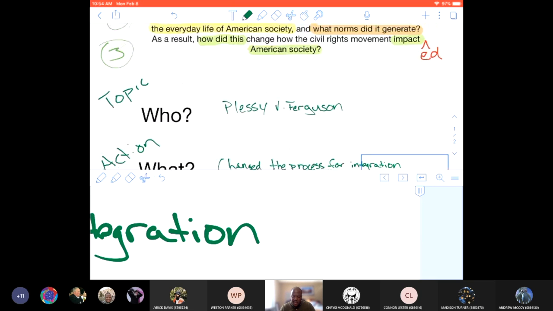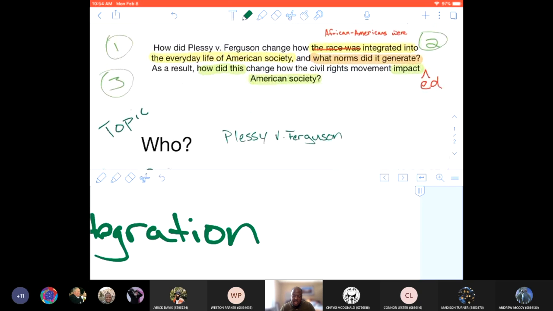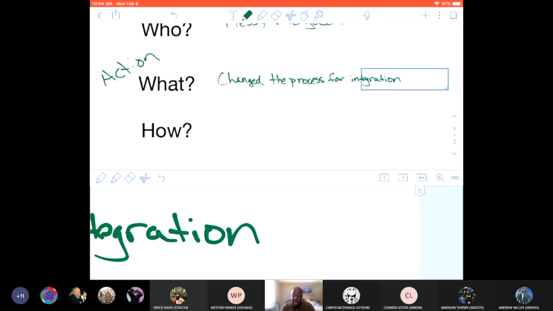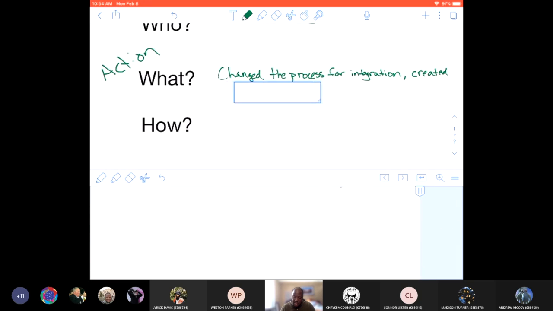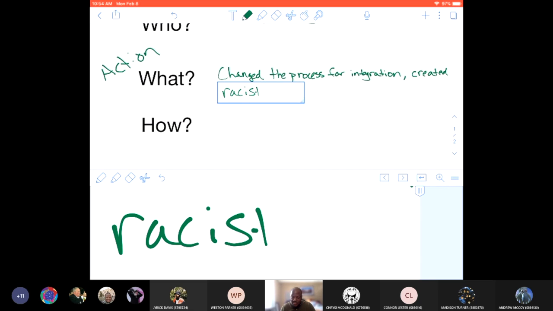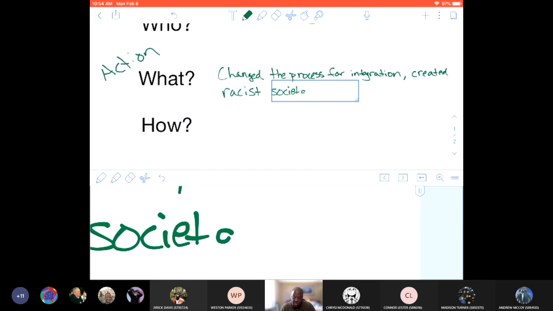Let me think though before I say that. Change the process for integration. Okay, let me go back. Change the process for integration. Created, I'm going to say racist, I don't know, societal norms.